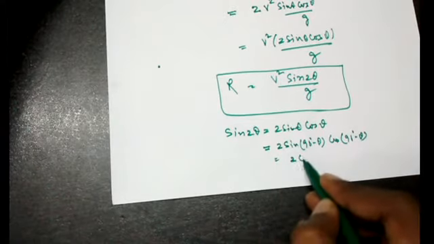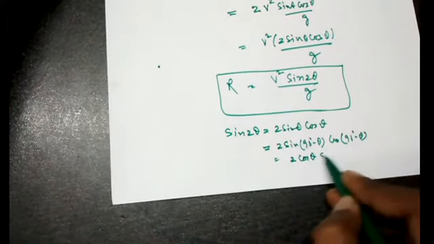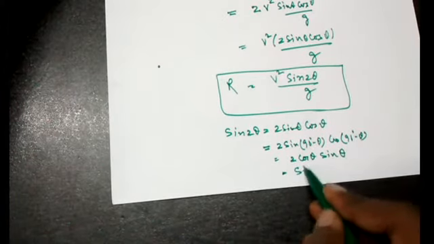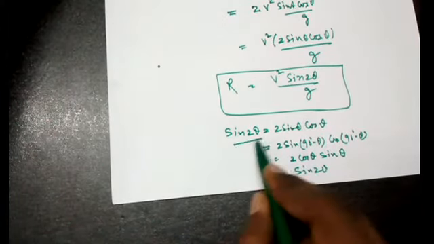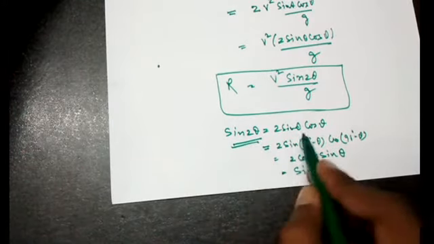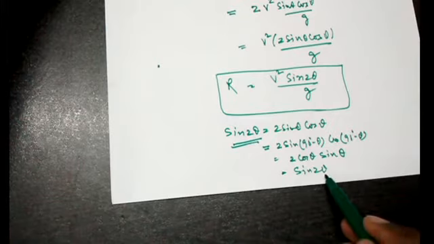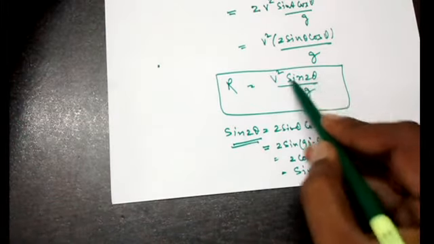This is equal to 2 cos theta sin theta. So again we get the same result, that is sin 2 theta will have no effect when theta is replaced by 90 degree minus theta.